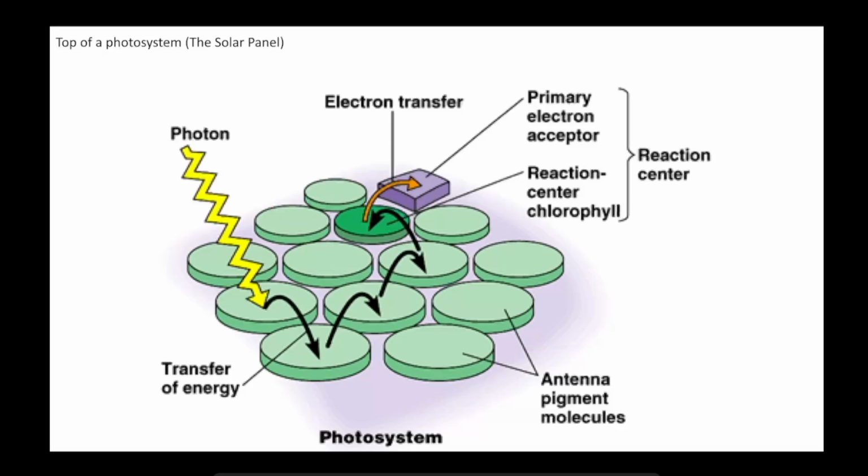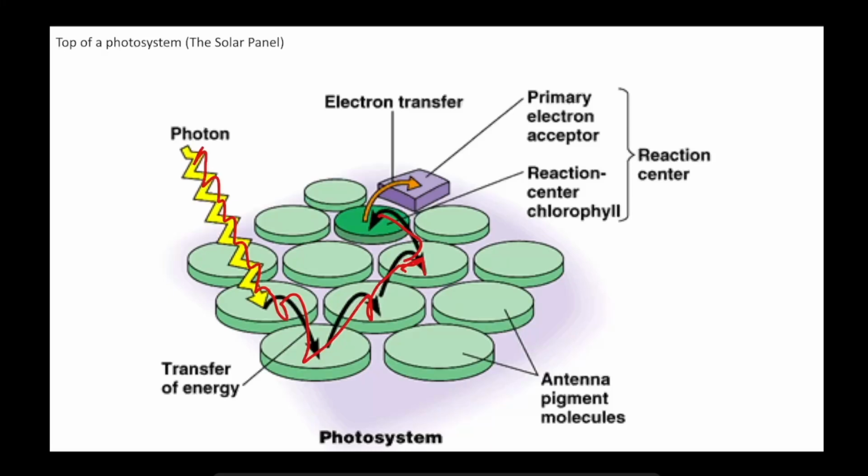Now, what's actually channeling those photons is these chlorophyll pigments on top of photosystem 1 and photosystem 2. The photons get energized and they bounce from chlorophyll to chlorophyll, and they get to the reaction center chlorophyll, which then allows it to be maximally energized, and it will jump and be ejected to wherever it has to go next, depending on where we are in the process.